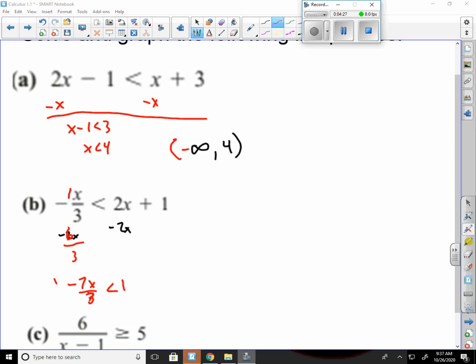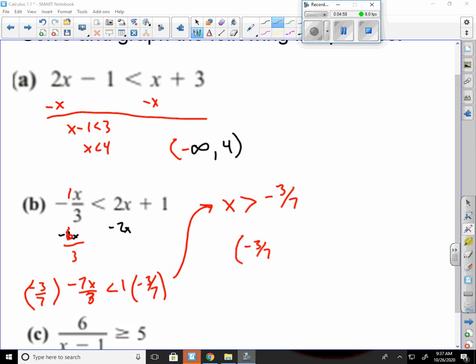Now, in order to solve this, we multiply by the reciprocal, negative 3 over 7. That gives us x. Now, when you multiply or divide by a negative, you flip the direction of the inequality. x is greater than negative 3/7. Putting that in interval notation, that's going to be parenthesis, negative 3/7, comma, infinity.